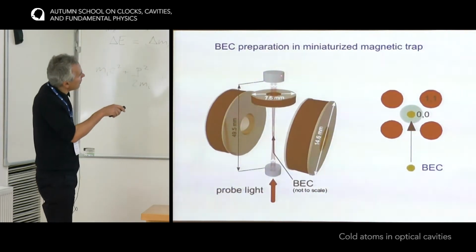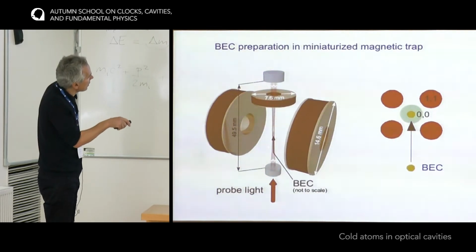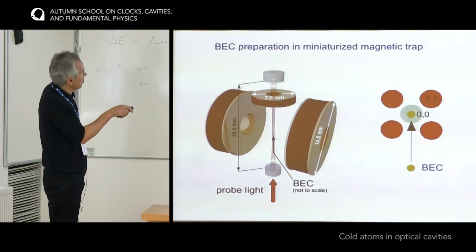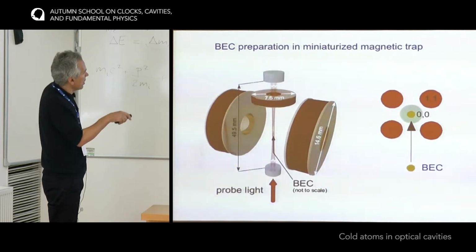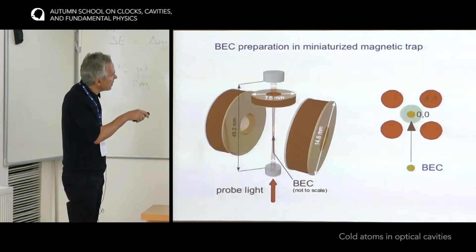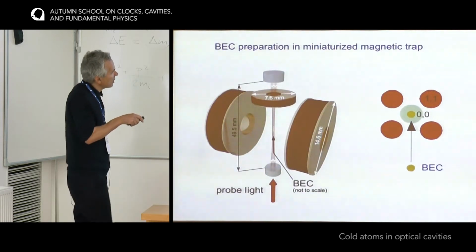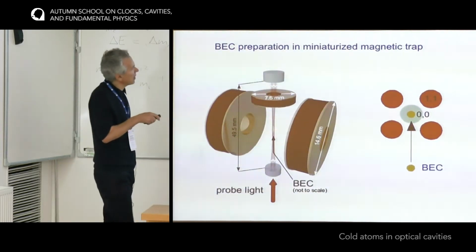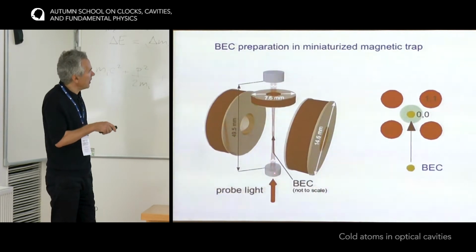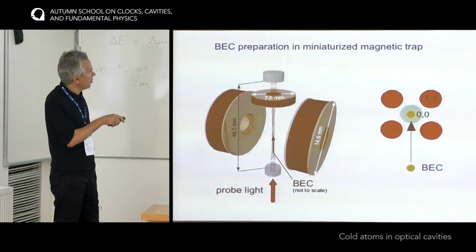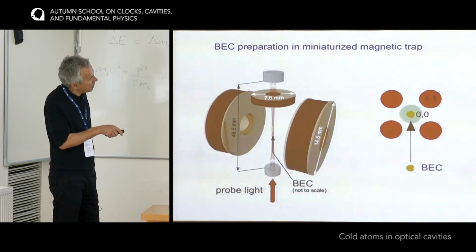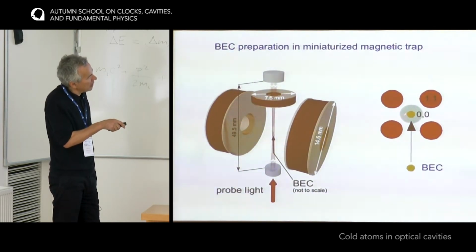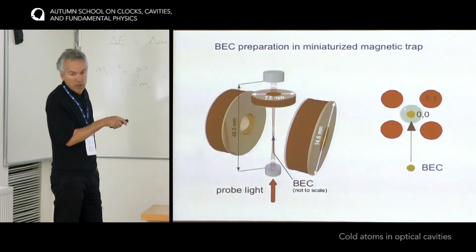The cavity is arranged vertically, and the mode is going through the center of this coil, and the Bose condensate sits here in the middle. Actually, to make the Bose condensate, we cannot make it exactly in the mode between the mirrors, but a little aside, and then we shift the Bose condensate magnetically and place it very precisely in the center of the mode.